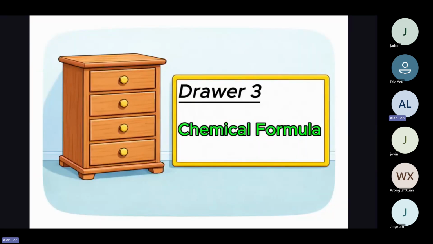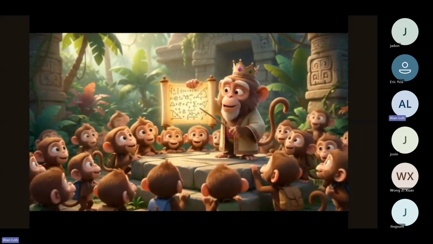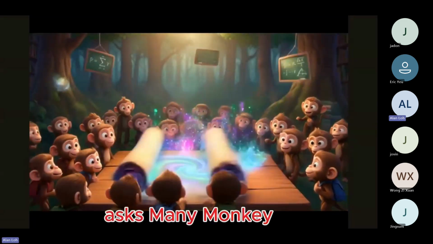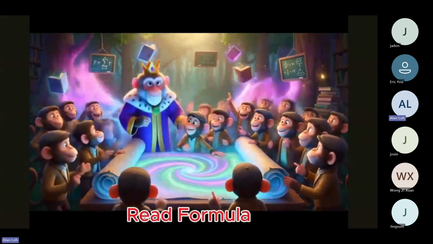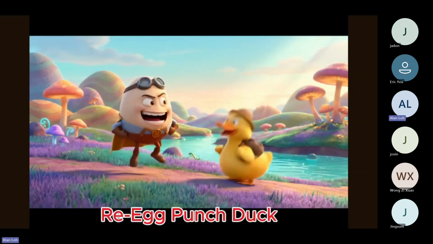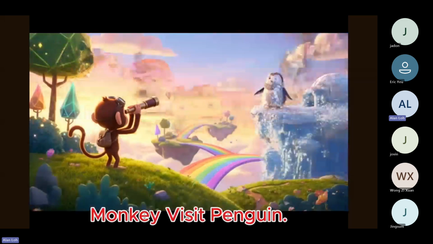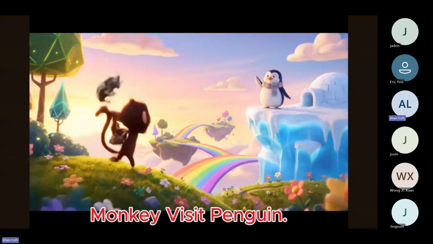Drawer 3. Chemical formula. Emperor monkey asks many monkey read formula. Drawer 4. Chemical equation. Re-egg punch duck. Monkey visit penguin.